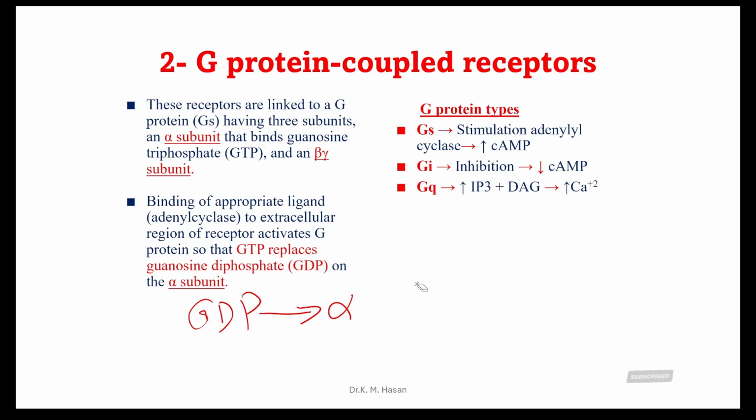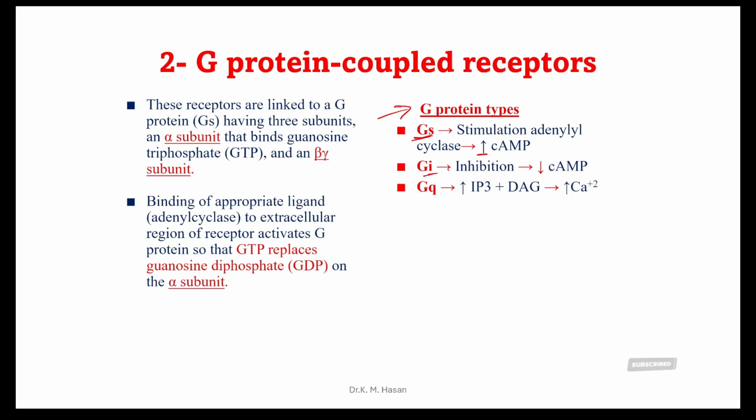Then they try to remind us we have several types of G protein available in the human body. We have Gs protein. S stands for stimulatory effect. So what we have here is stimulation of adenylyl cyclase, Gs, and this will lead to increased level of cyclic AMP. Then we have Gi. I stands for inhibitory effect.